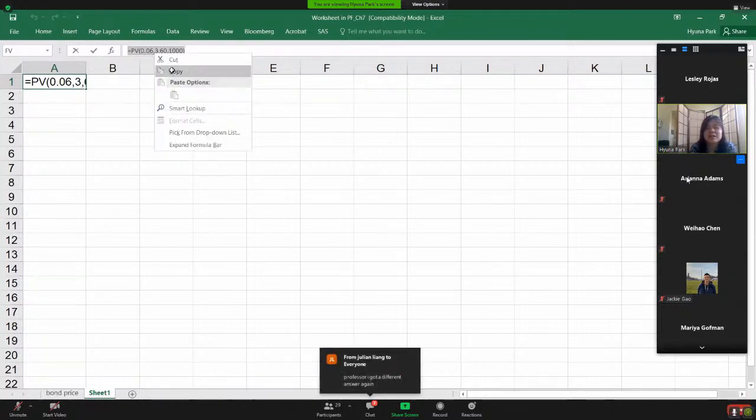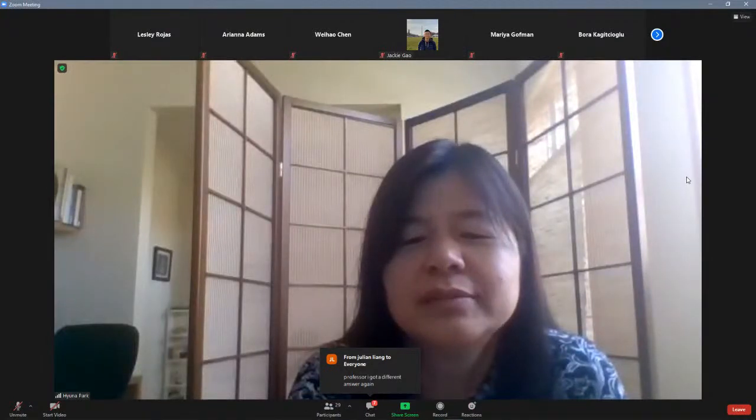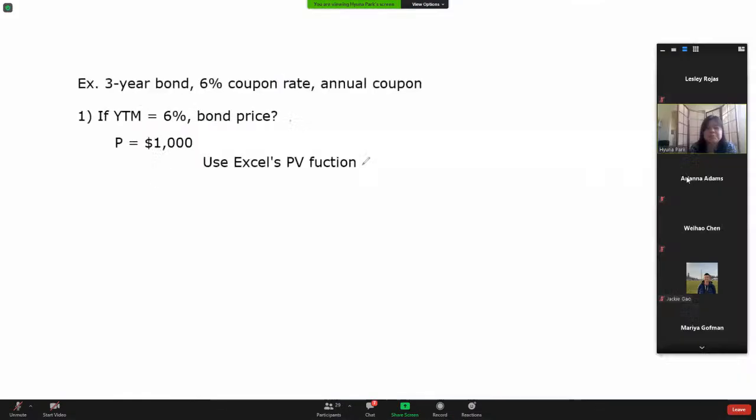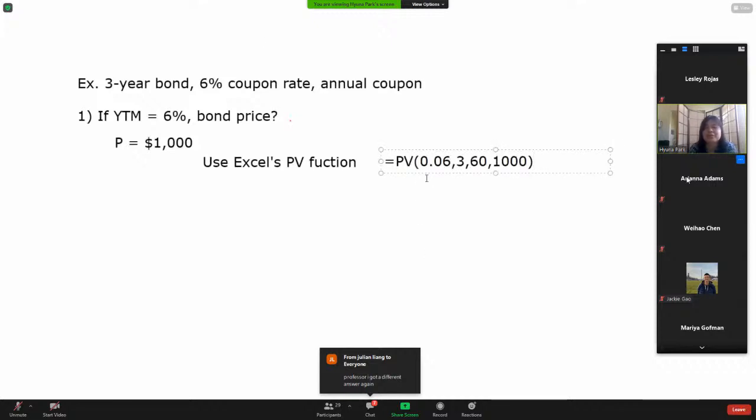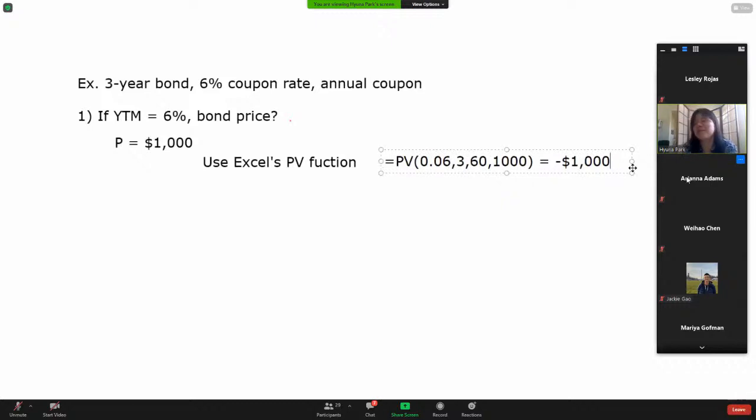Let me copy this and go to the whiteboard. Using Excel's present value function, Excel tells us this is negative 1,000. The meaning is that you pay 1,000 now to buy this bond, and you receive $60 for 3 coupons, and then at the end 1,000. That's why the price is 1,000.